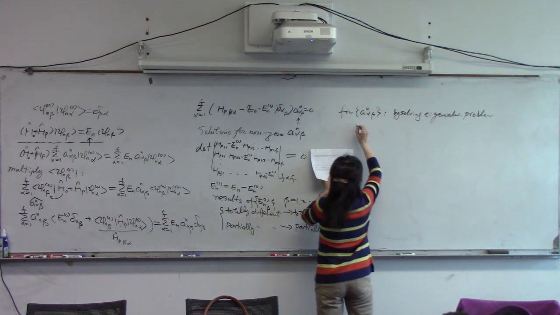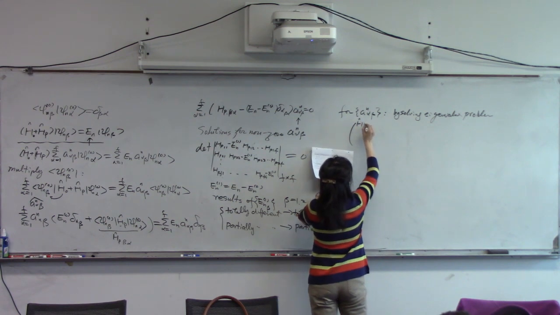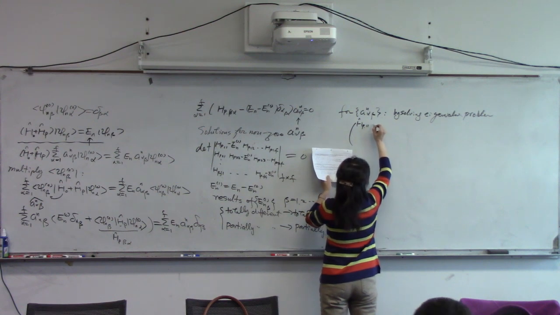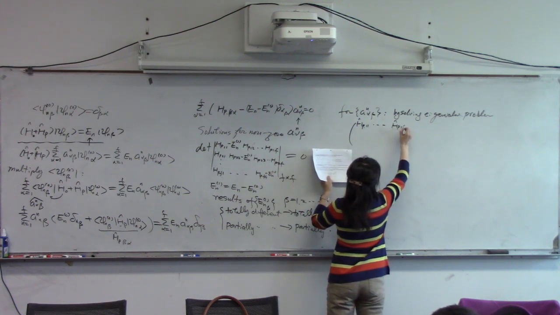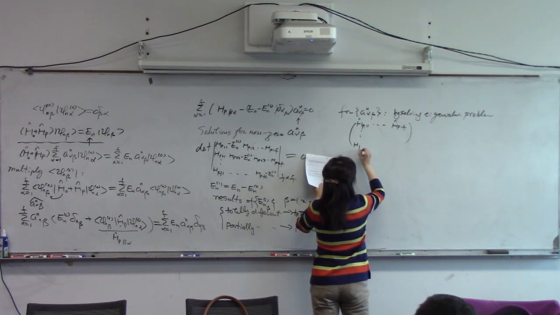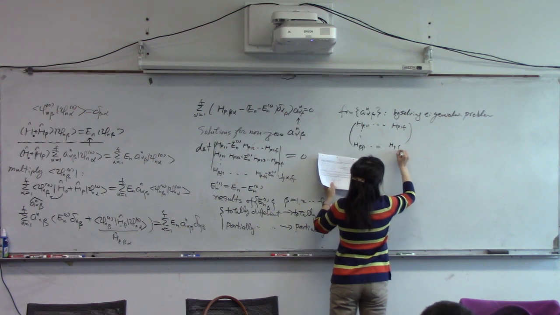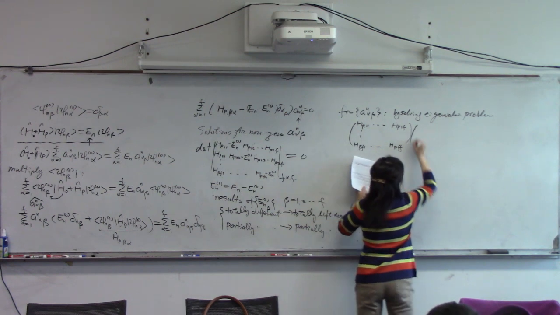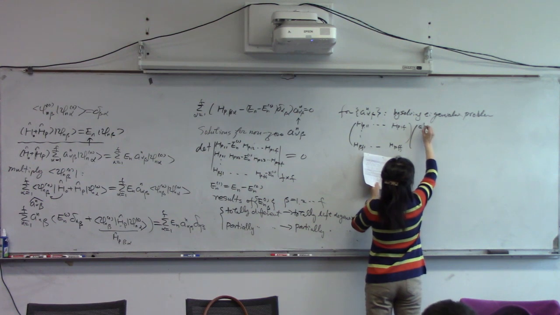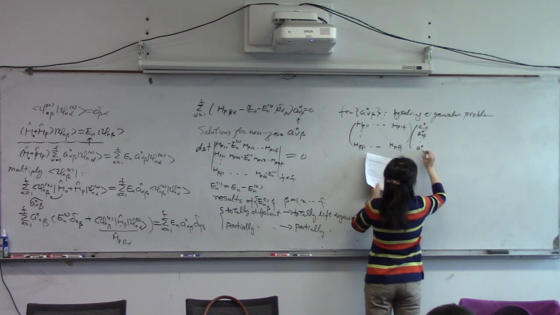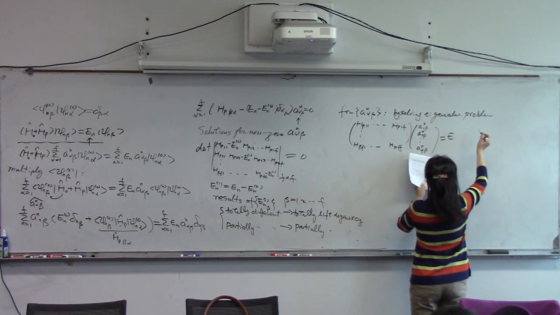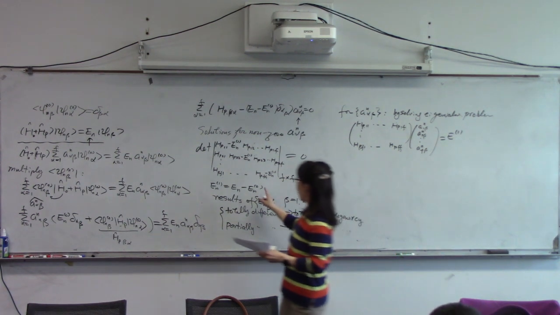So we have a matrix H_P11, H_P1F, H_PF1, H_PFF, with this the A_n1 beta, A_n2 beta, up to A_nF beta equal to the energy, which we solve here, right?